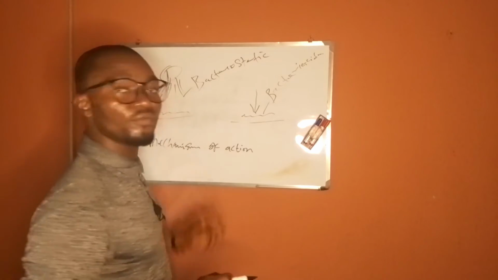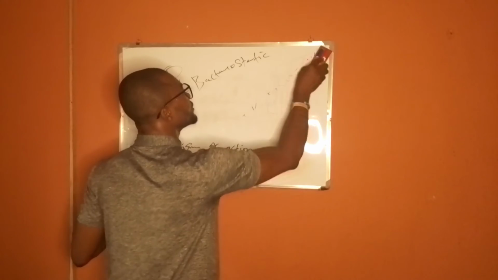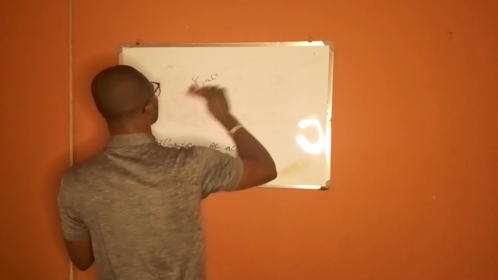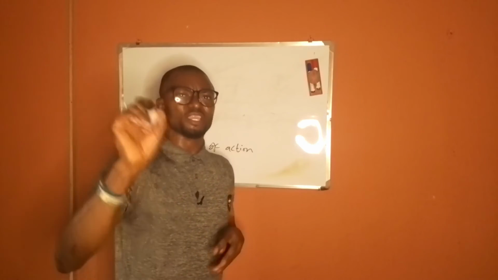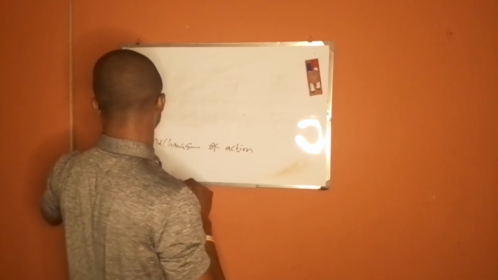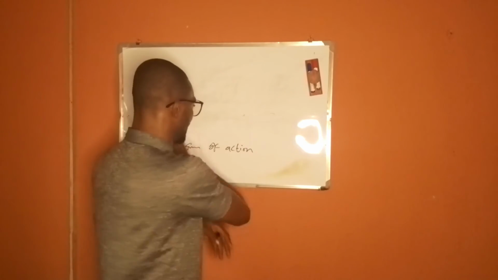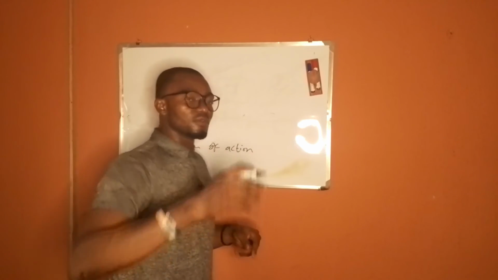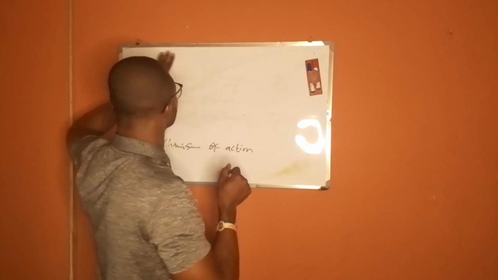And I move to the third one, which is the mechanisms of action. This is the pharmacokinetic effect that antibiotics have on bacteria in the body, right from the absorption phase.